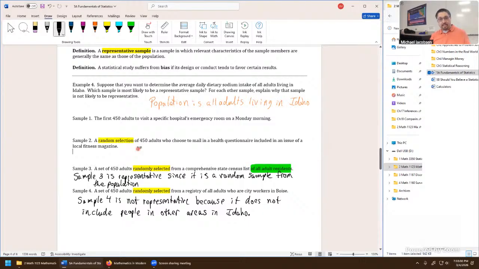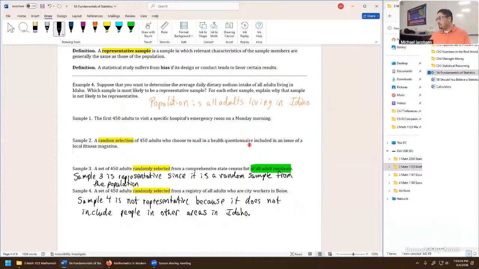And it's not restricted geographically to say just Boise, just being city workers. It's 450 adults who choose to mail in a health questionnaire. You probably had to mail out more than 450 before you got to the 450 responses. That's a problem already. These people have a really strong opinion. They were motivated enough to get back to you and mail back the questionnaire.